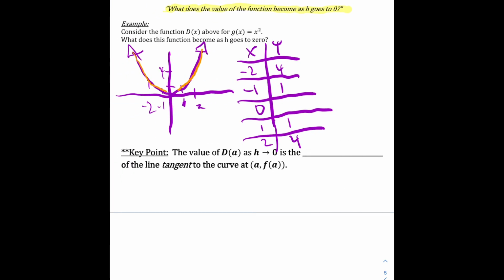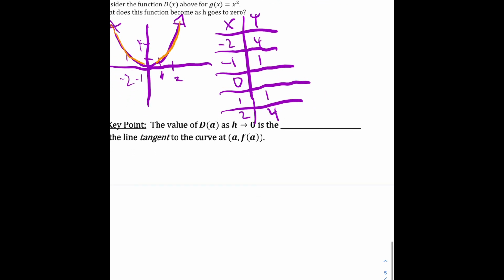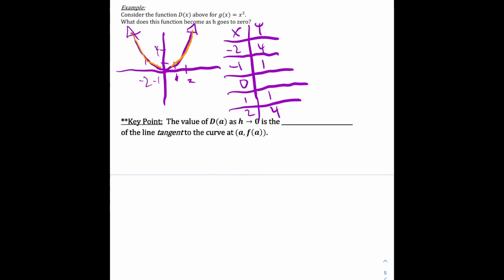So as we're looking at the limit, because it's approaching the left and the right side from the same function. However, we said h can't equal 0, which is why we have to look at the limit. So the big point, the value of the difference quotient as h approaches 0 is the slope of the line tangent to the curve. So you find that specific point, you plug in the slope, and you will find your answer.